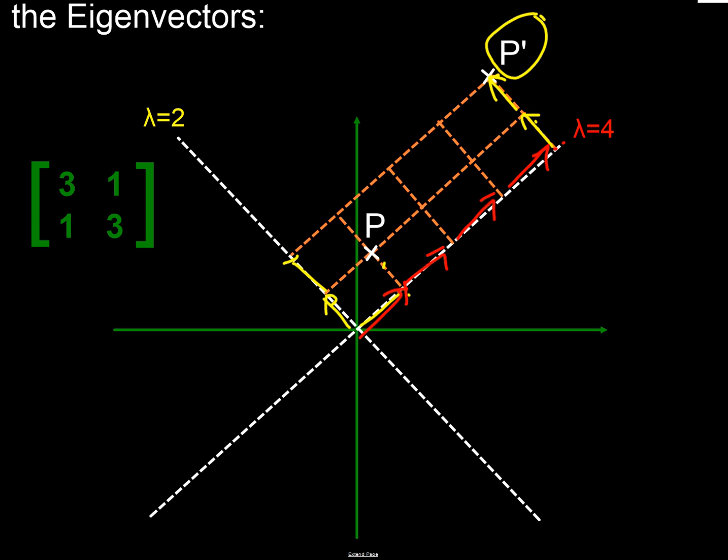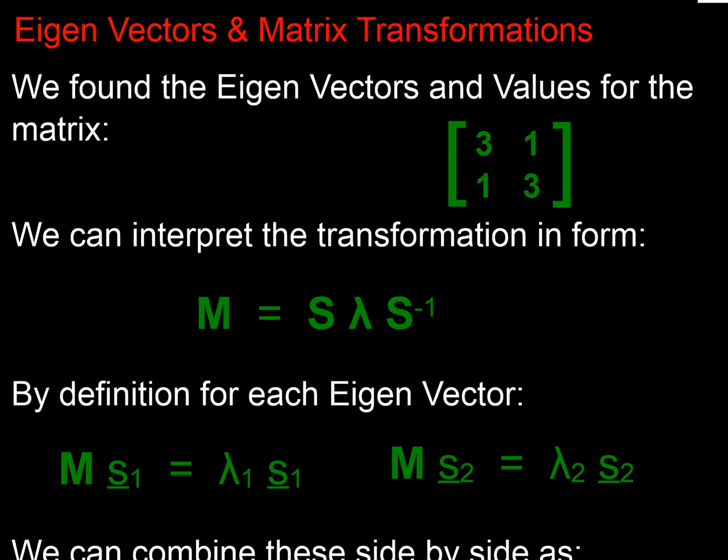Okay, so that was the first thing I wanted to show you. The second part is what that means mathematically, and it fits in with what we've just done. If we took our original matrix, we can prove that we can split that matrix.